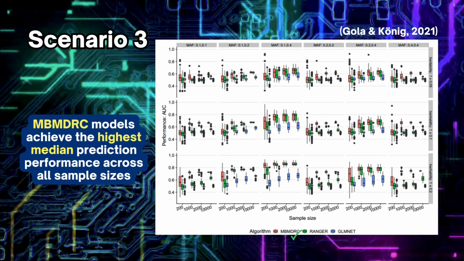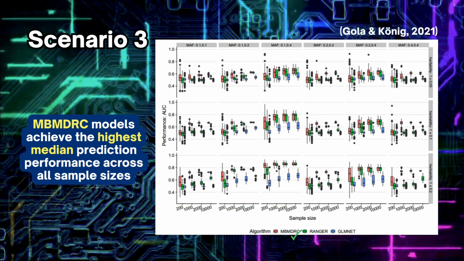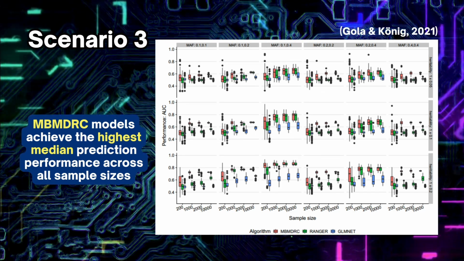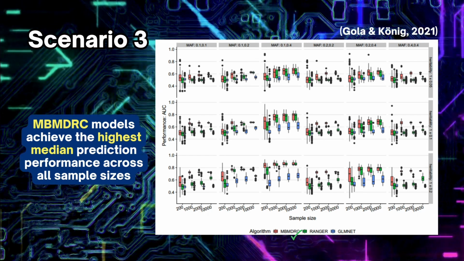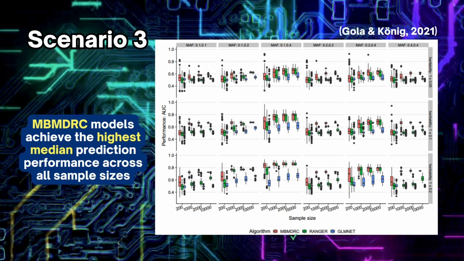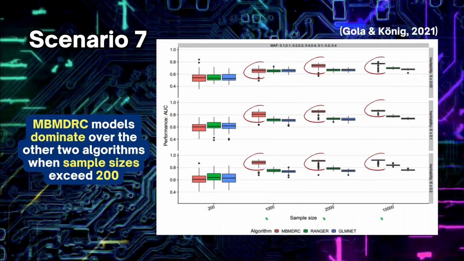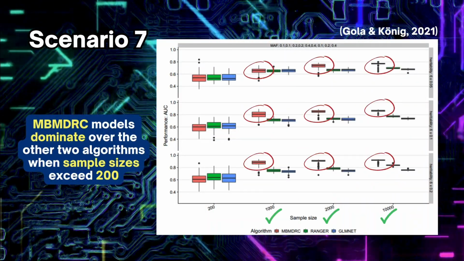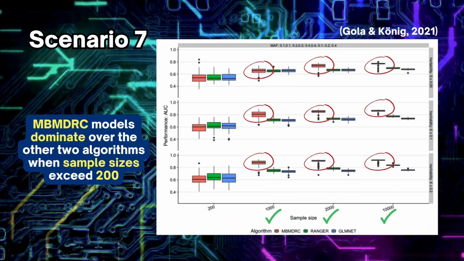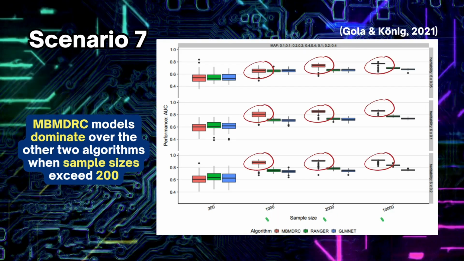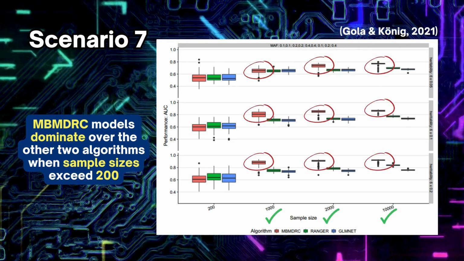In Scenario 3, which involves one pair of 2 interacting SNPs, MBMDRC models demonstrate the highest median predictive performance across all sample sizes. In Scenario 7, which includes both main and interaction effects, MBMDRC models dominate over the other 2 algorithms when sample sizes exceed 200.